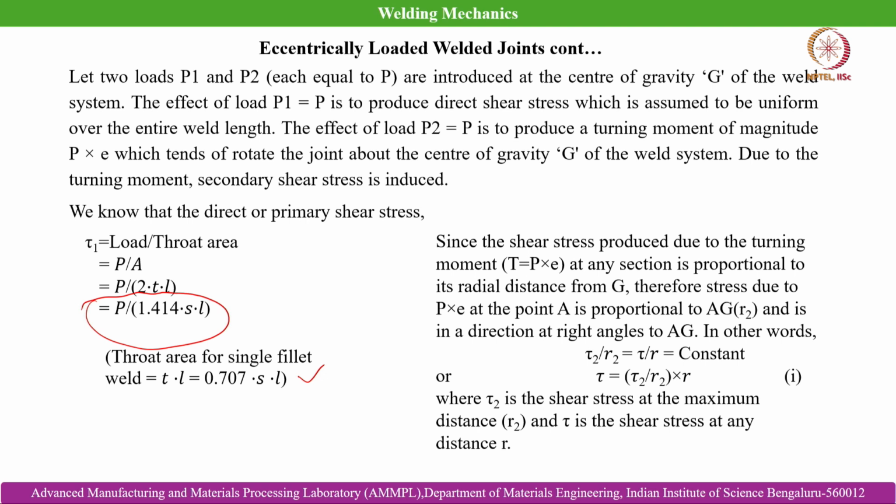In other words, tau 2 by R2 is equal to tau by R is equal to constant. So that means tau is equal to tau 2 into R by R2, as shown here.